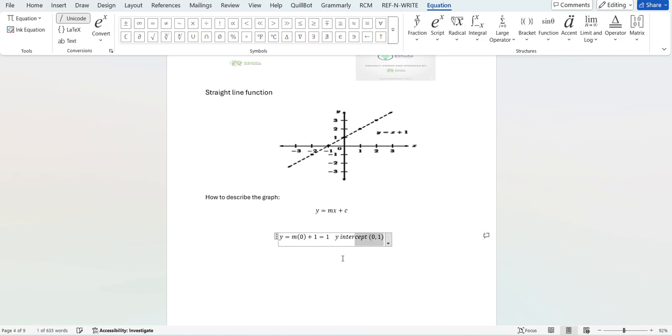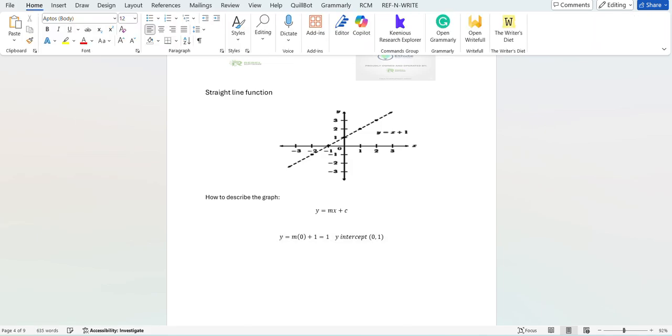The same applies for the x-intercept. The y value must be 0, then our x can be found. Here we have 1.